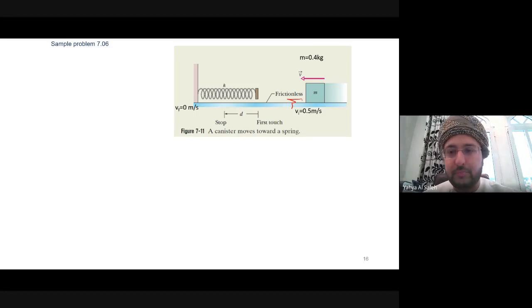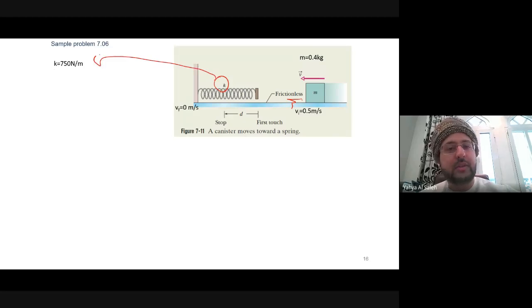The spring constant we are given to be 750 newtons per meter. And the question is, how much will it compress the spring? Now, this is a very realistic problem. Okay, maybe not the frictionless bit, but this is how an airbag in a car would work.